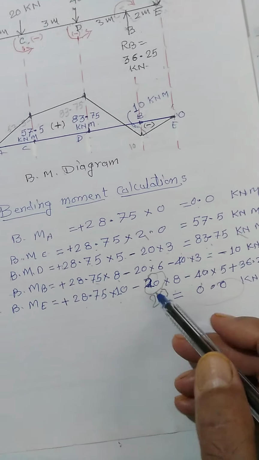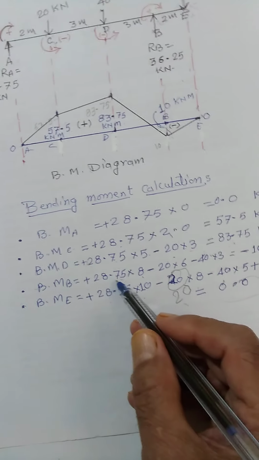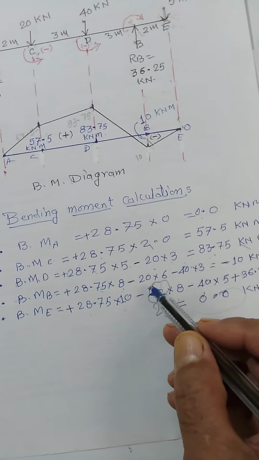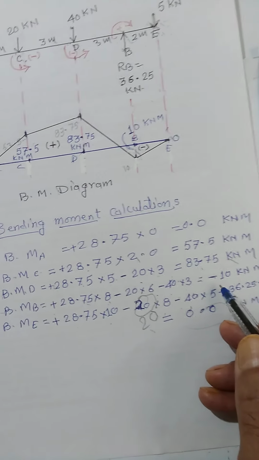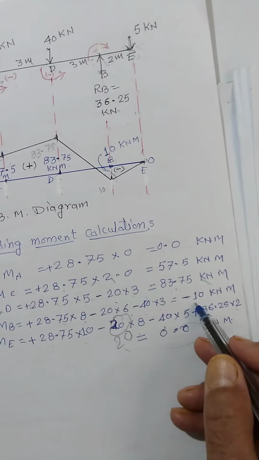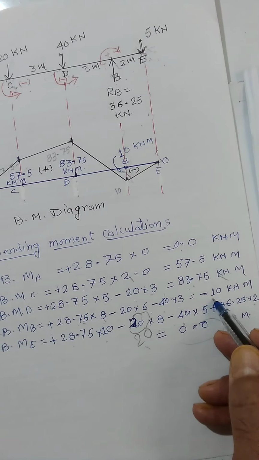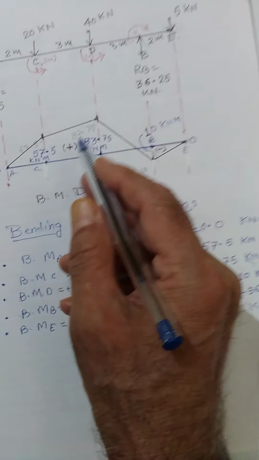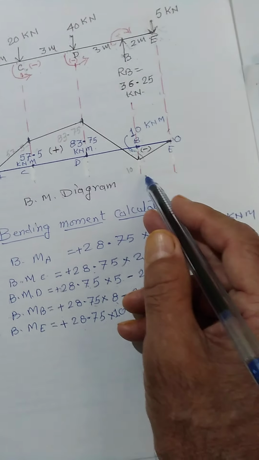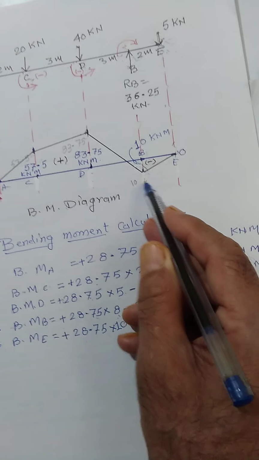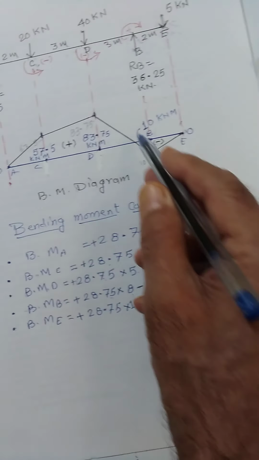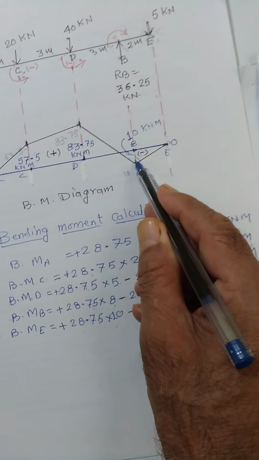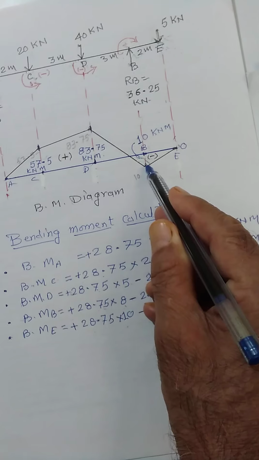That you can see, at B, RA into 8 minus 20 into 6 minus 40 into 3 comes out to be minus 10.0 kilonewton meter. Up till now it was giving a plus sign, now it is giving a minus sign. So now the bending moment diagram will be shifting from positive to negative between D and B.